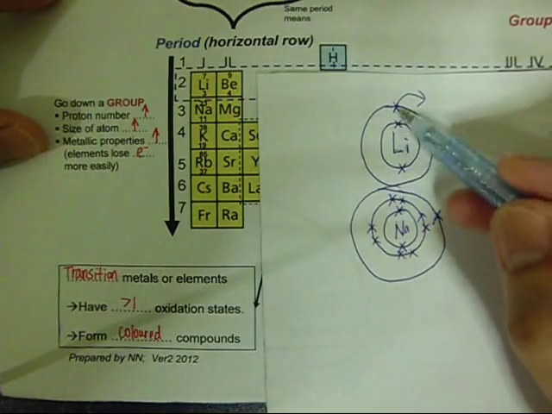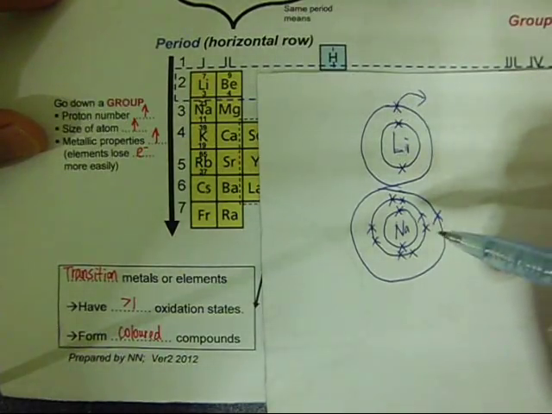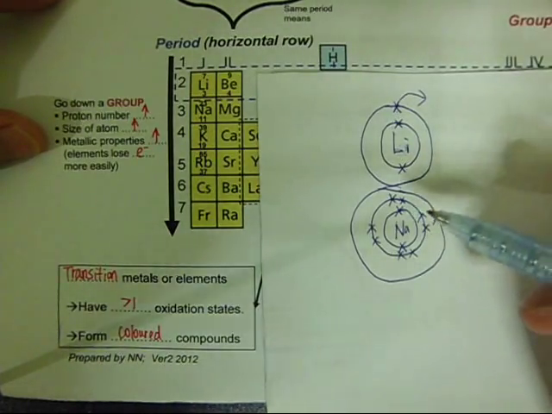So when this attraction is stronger, it is harder for lithium to lose this valence electron. Yes, I explain one more time.